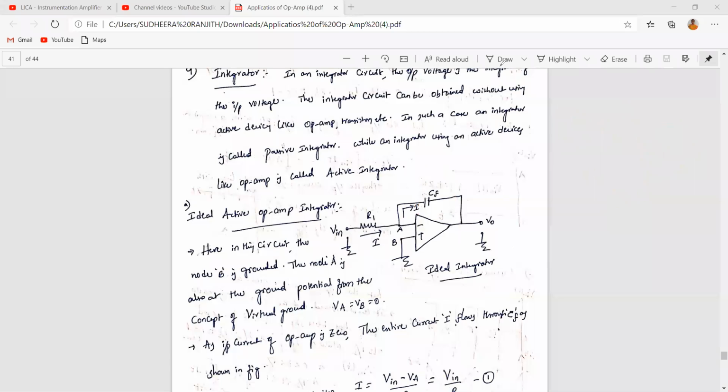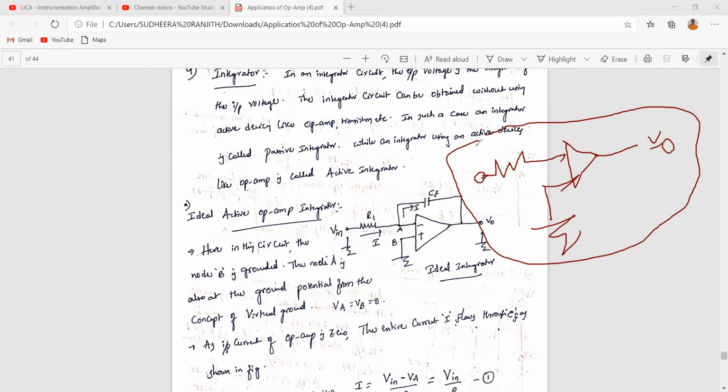So that's why it acts as open, because of infinite resistance or infinite reactance. It is open. So what is the type of configuration here, in which your operational amplifier operates?